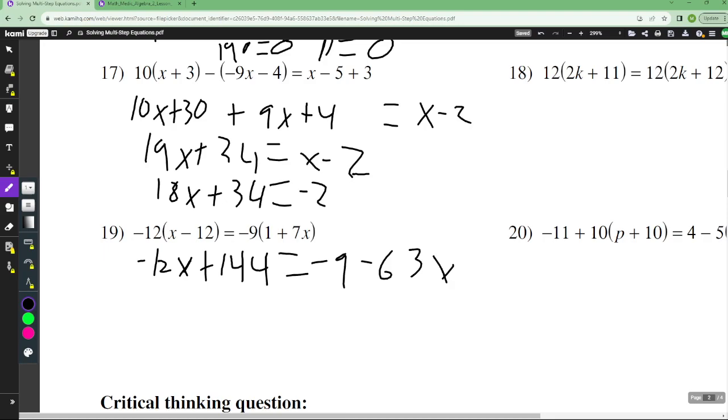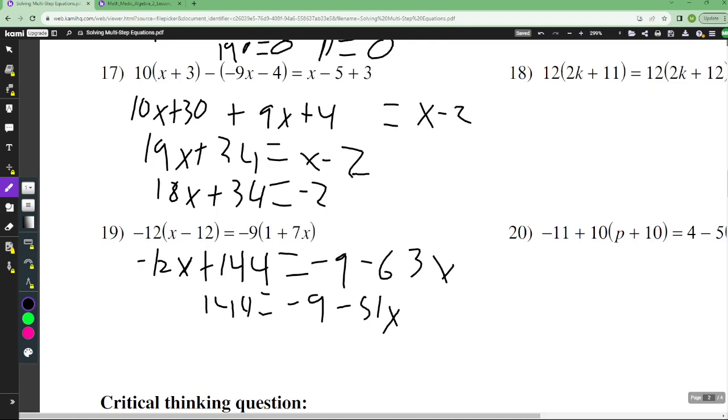But first, let's try and get all the x's on one side. So we can add 12x to both sides, so we have 144 equals negative 9 minus 51x.